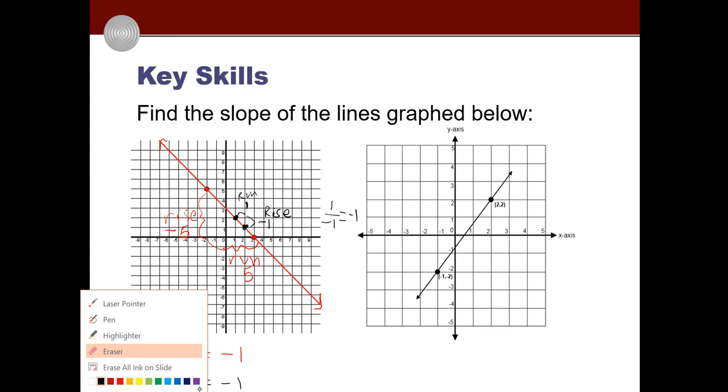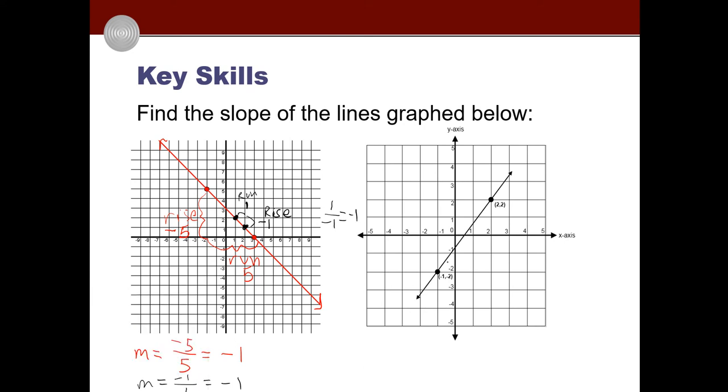So if we take a look, if I want to count, and this one I'll show you, I'll start bottom going up. If I want to do my rise, I go up 1, 2, 3, 4. So my rise is up 4, positive 4. And then I'm going to go to the right.